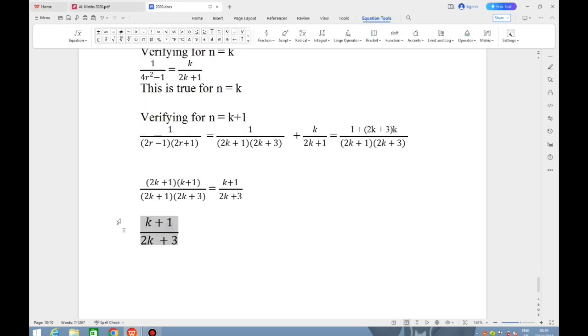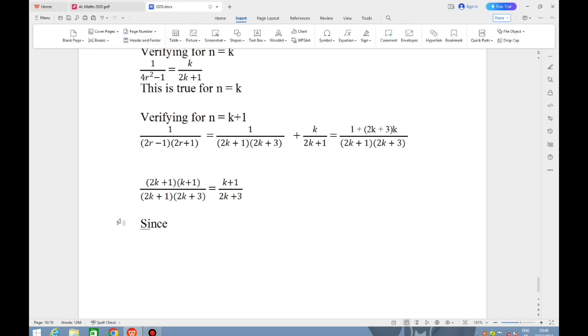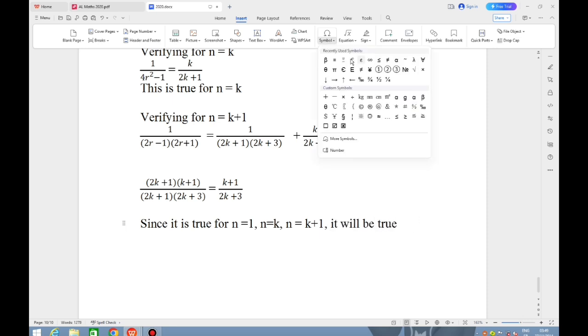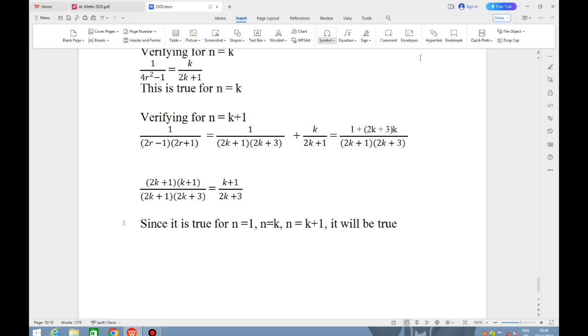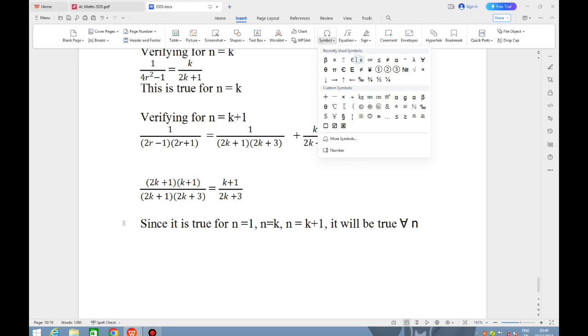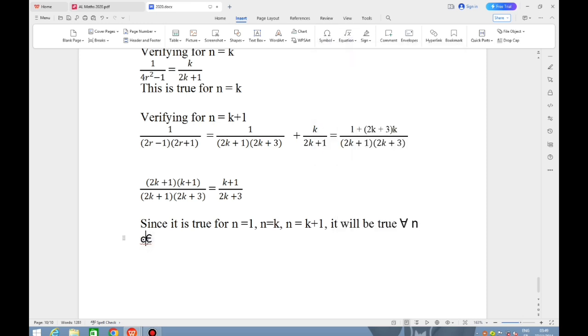So from there we can conclude that since it is true for n equal to 1, n equal to k, and n equal to k plus 1, it will be true for all values of n which are elements of natural numbers.